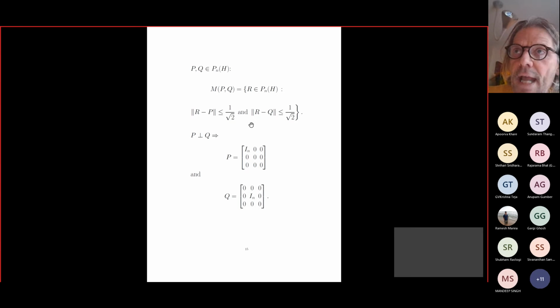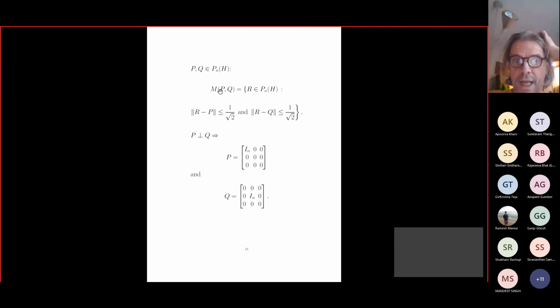And what was the idea of Gehér and myself? What we did, we took two projections. Let me speak of projections of rank n, but let me choose some concrete number. So assume we have two projections of rank 5, or if you prefer, two subspaces of dimension 5.